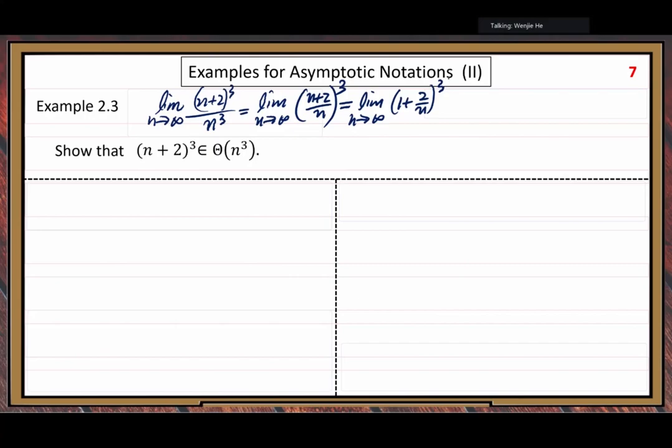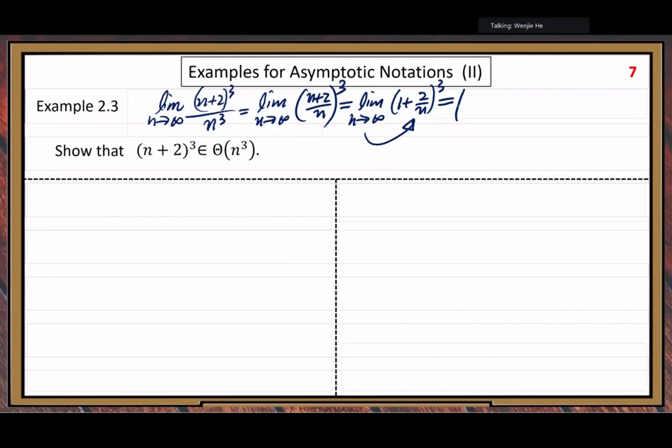When we take the limit, we are allowed to take it inside the parentheses. So that is (1 plus 0) cubed, 1 plus 0 is 1, 1 cubed is still 1.